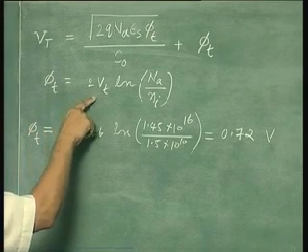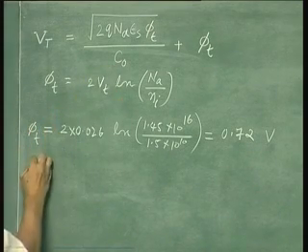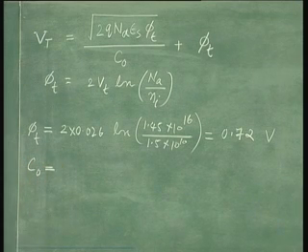Now the next quantity to calculate is this C naught, which is the capacitance of the oxide per unit area.